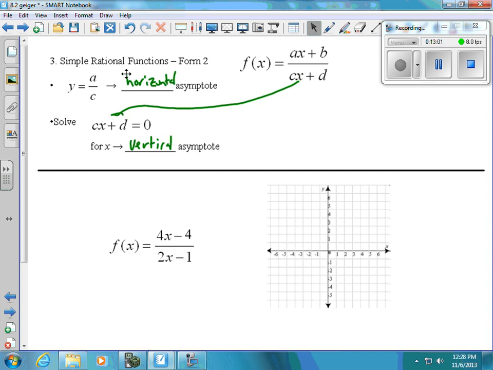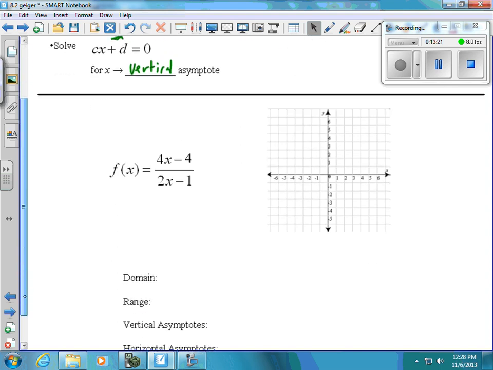It was the same way on our last slide, where I made the denominator 0. So that's what the vertical asymptote is, where the denominator is 0. We can't have 0 in the bottom of the fraction. So whatever makes the bottom 0, we can't have. That's our vertical asymptote.